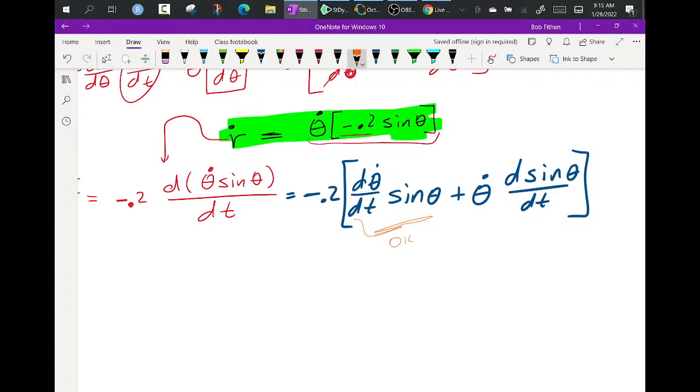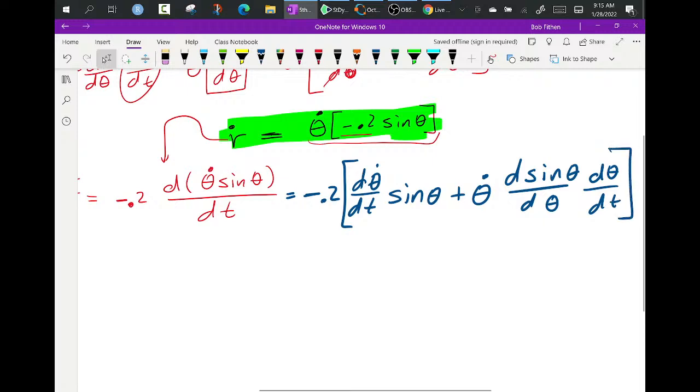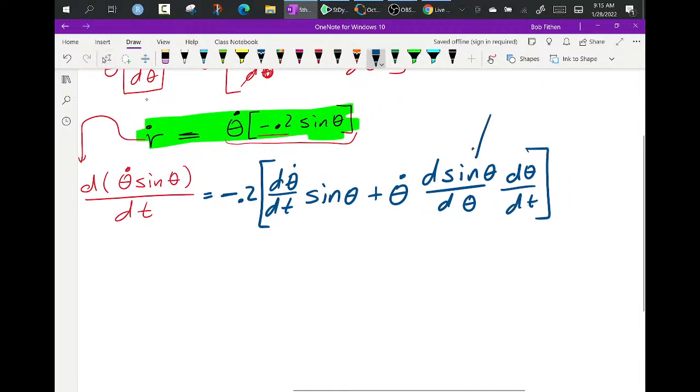This is A-OK. This one is a little bit difficult because I don't have that particularly. So I need to make a little extra room here and then say, hey, wait a minute, I'll do this because I can find this.